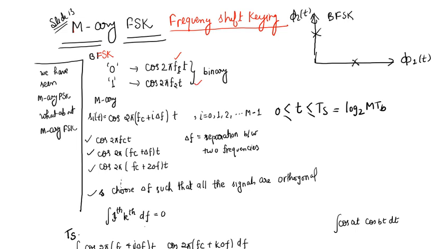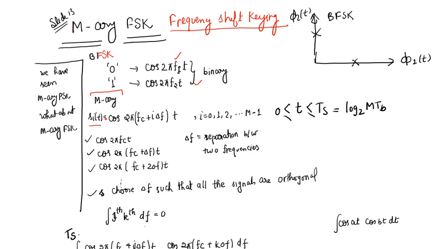And in the M-array FSK scheme, similarly there are M various possible signals, and the form of any FSK signal would be this: cos of 2 pi Fc plus i delta F into t. There might be some amplitude, which I am ignoring for the time being.